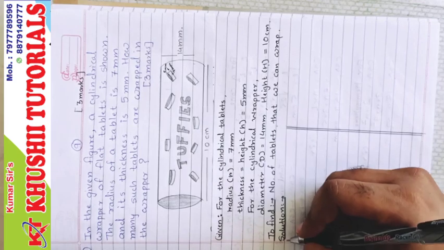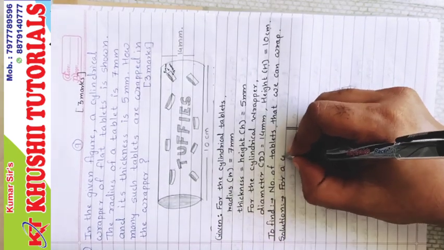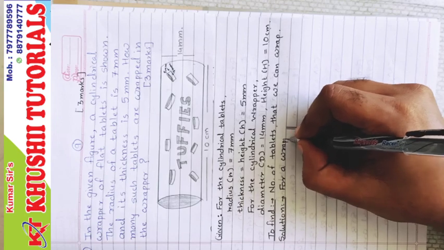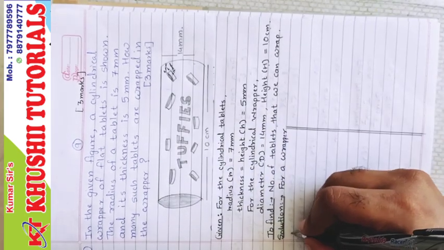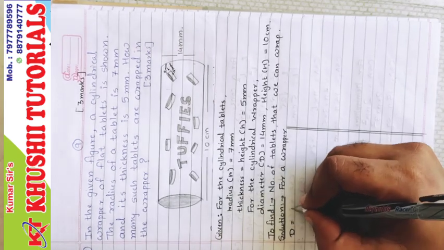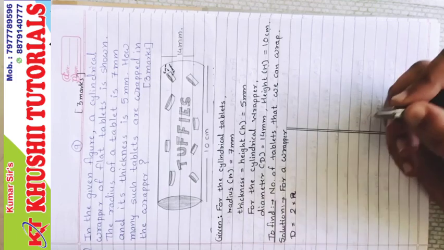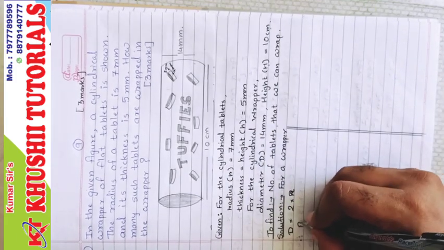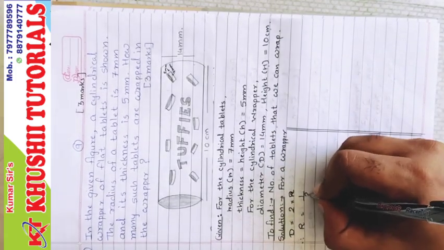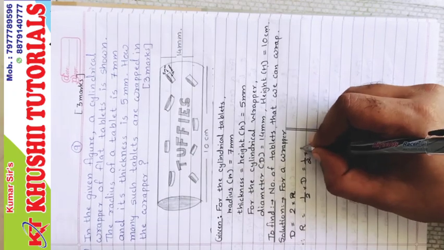So first we will write for a wrapper, diameter equal to double of radius, or you can directly write radius is half of diameter. Therefore radius is half of diameter, not double, half of diameter. So half of 14 mm.